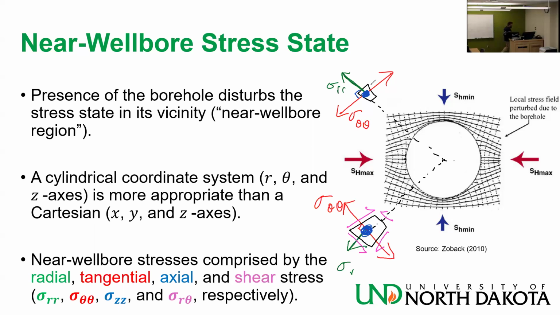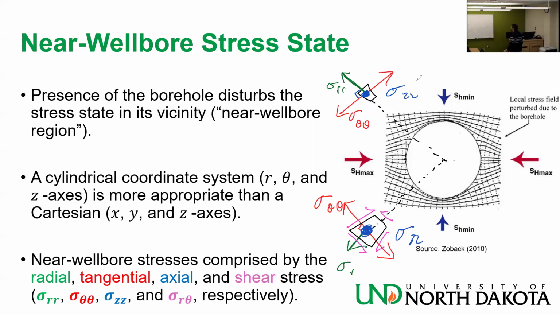I forgot to draw the sigma zz in blue. If the wellbore is set parallel to the y-axis, as in some papers from my PhD, it's going to be called sigma yy. If it's set along the x-axis, like Nassim is doing in his PhD, sigma xx, same thing.